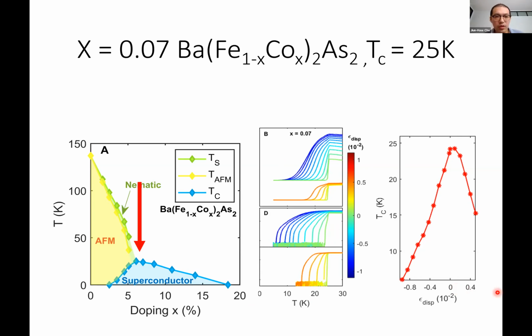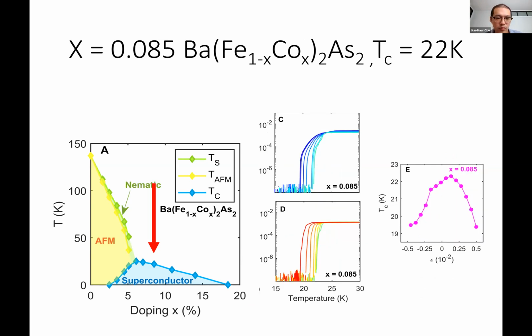This very strong suppression gradually goes away if you go to overdoped samples. For example, this 10% overdoped sample, where the TC decreased only from 25 Kelvin to 22 Kelvin, and with the same magnitude of strain, the TC only decreased from 22 Kelvin to 19 Kelvin. So much smaller suppression in comparison to optimal doping.